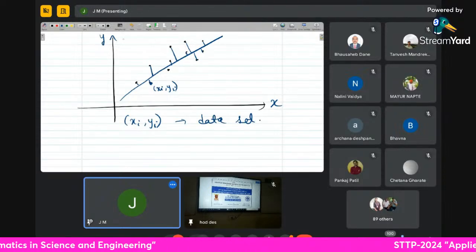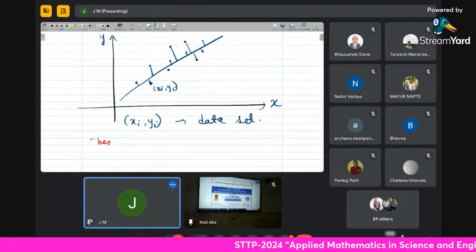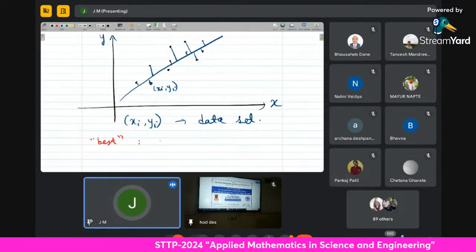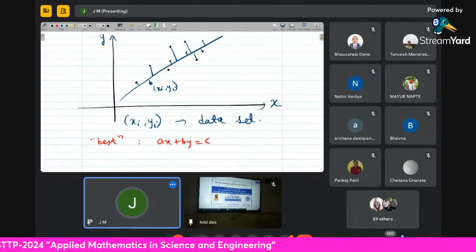And what is your job? Your job is to find the best fitted line, say ax plus by equal to c. Best fit means what?